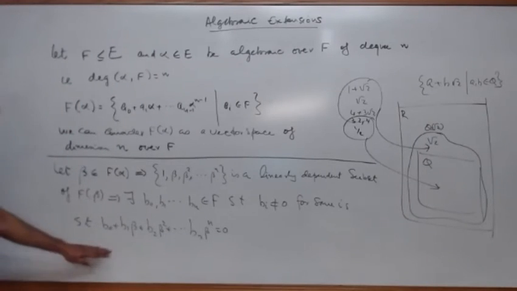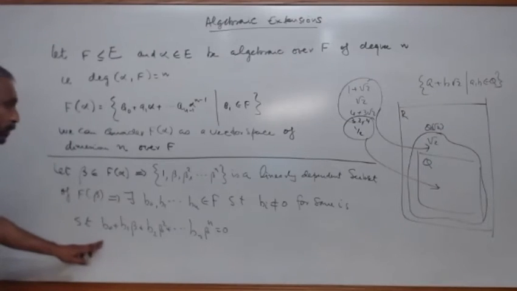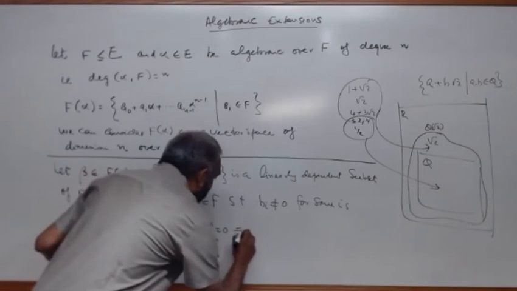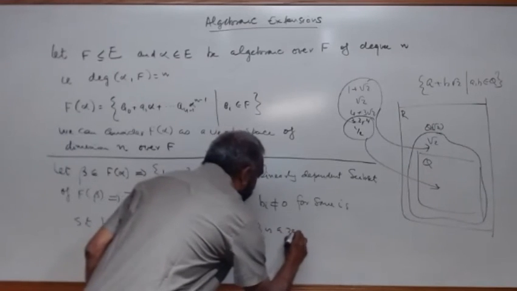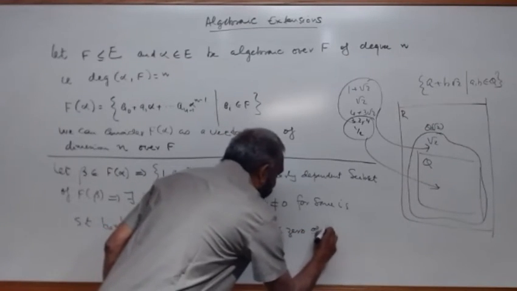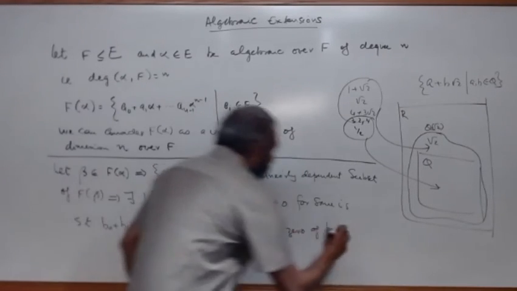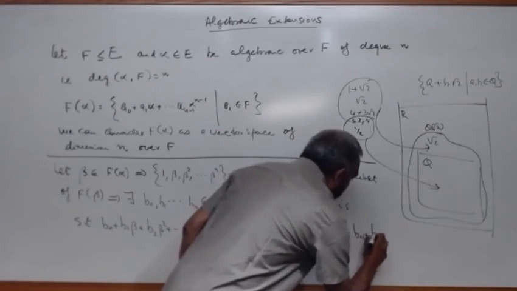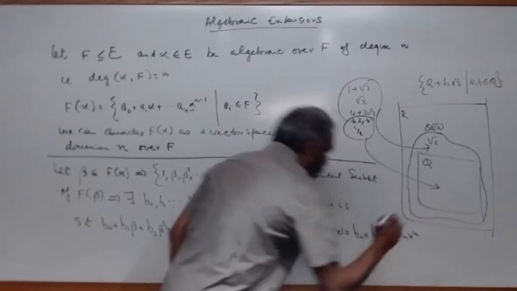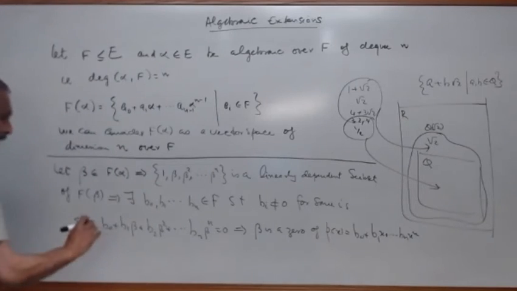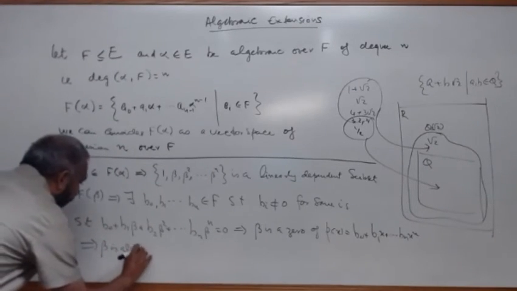That is the definition of linearly dependent. So what does this mean? This means that beta is a zero of the polynomial b0 plus b1x plus up to bn x to the n. And what does that mean? That means beta is algebraic.